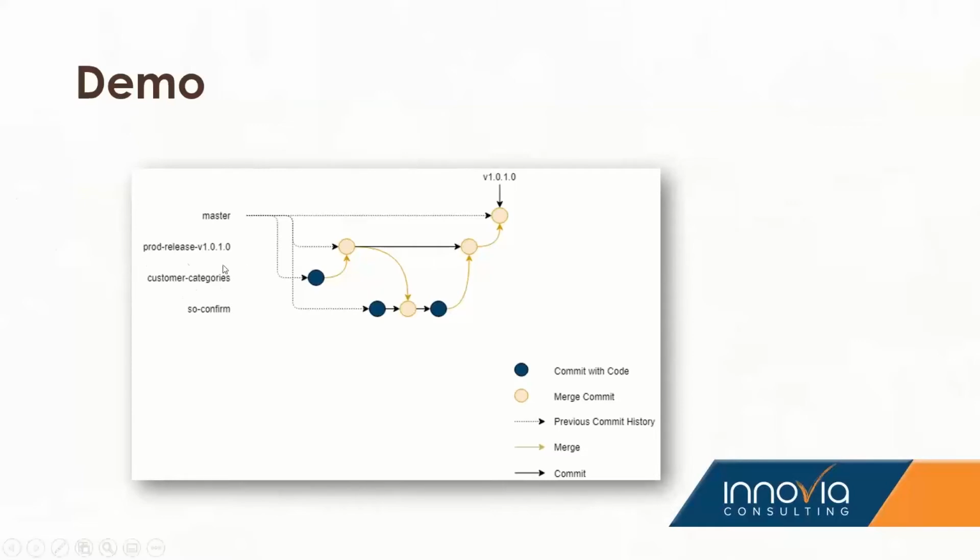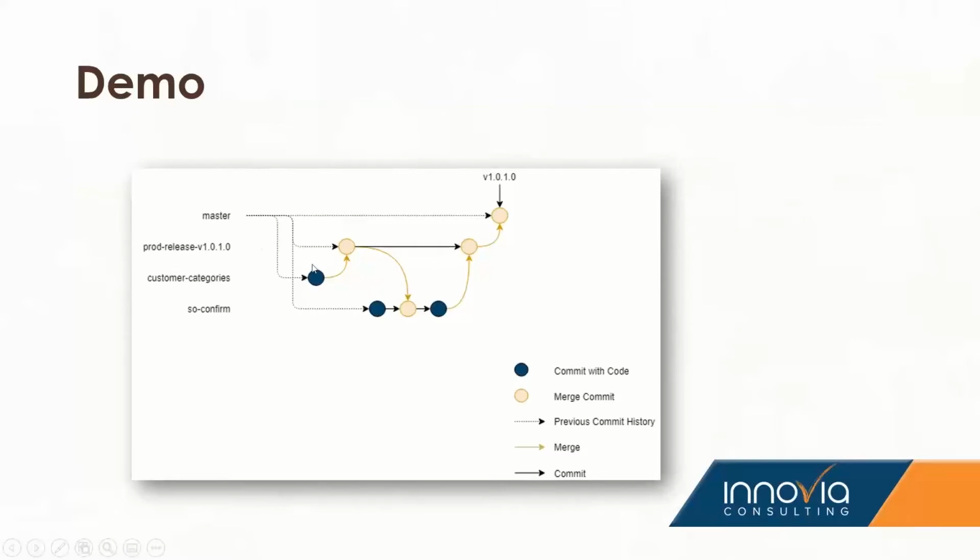The first feature is a customer categories feature. It's just going to be a simple way to add a category to each customer. And you'll see here, these dark blue circles mean it's a commit with code. So I've written some code and I've committed there.